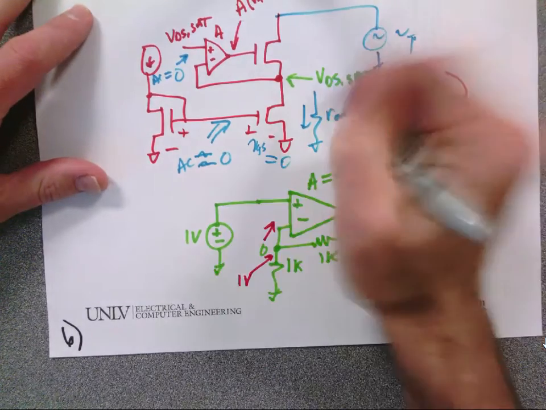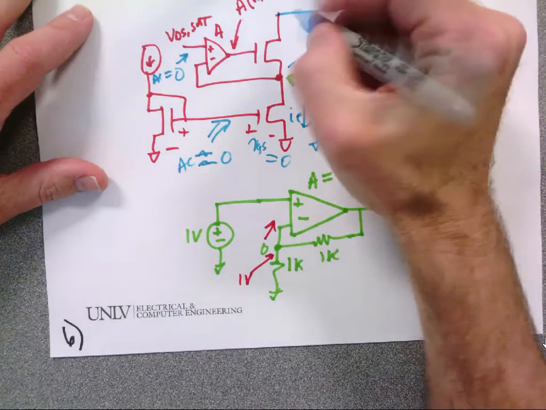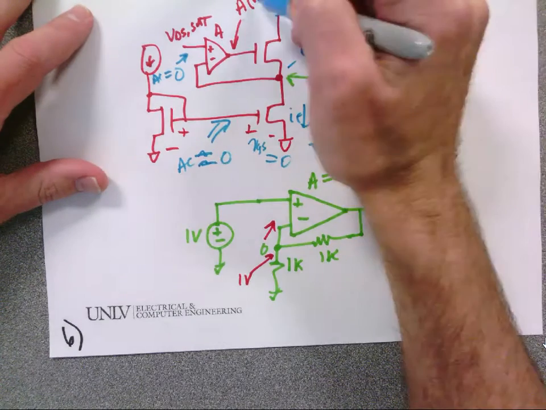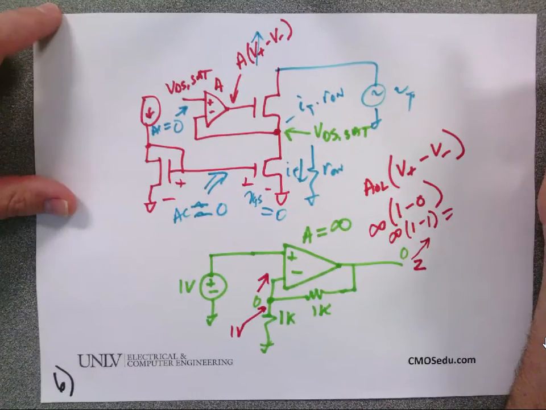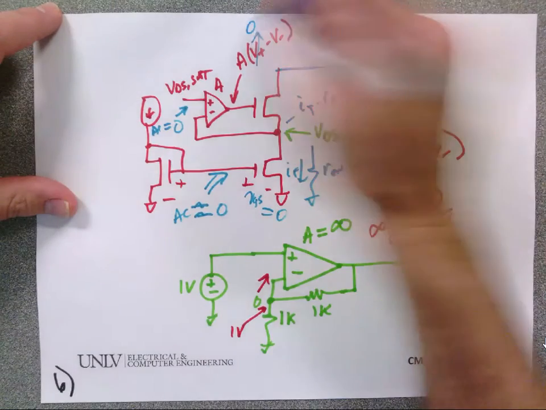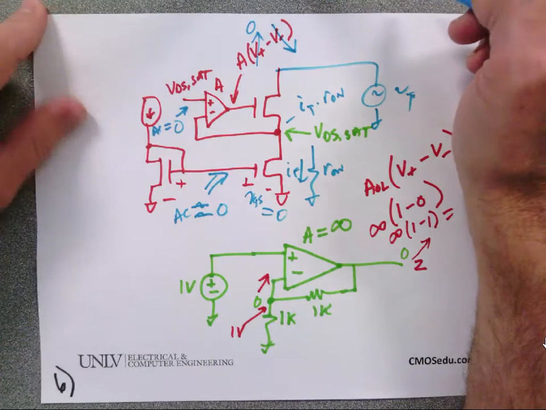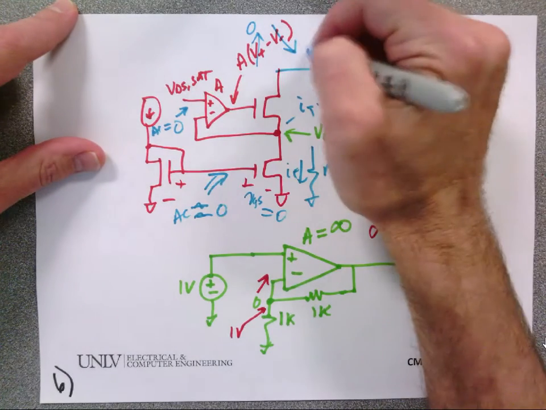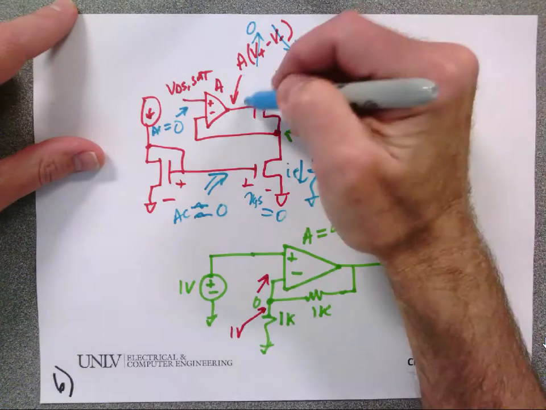I test times R out N. So this voltage is I test times R out N. What is V plus equal to, AC? What is V minus equal to? So what is this voltage here equal to?